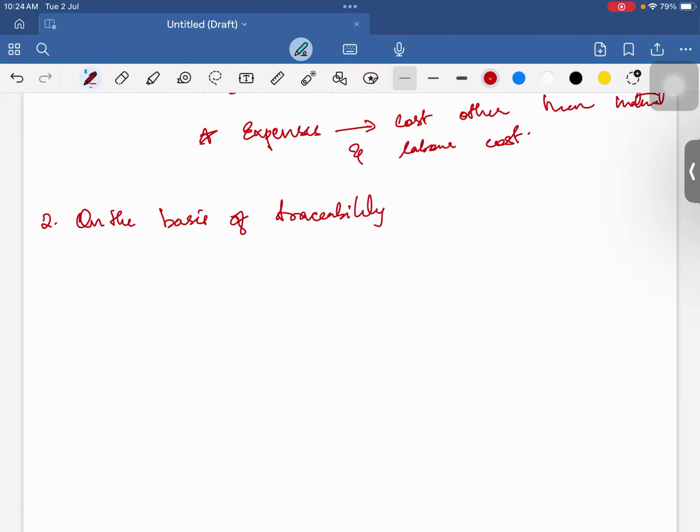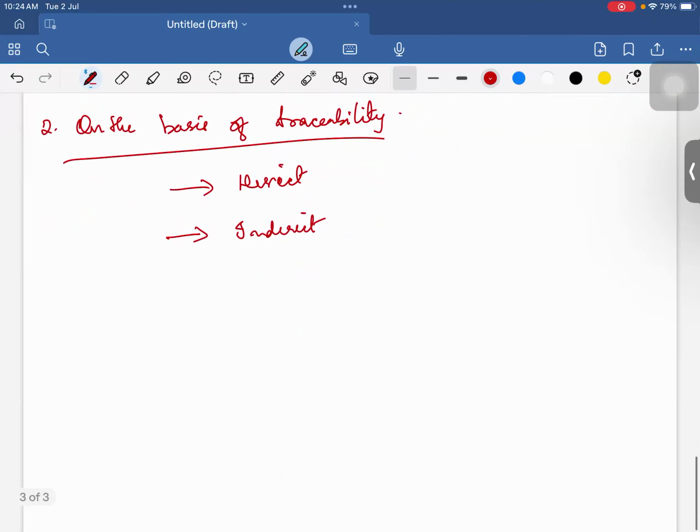So traceability is when you can actually divide the cost into direct and indirect. That is the same thing that we discussed about. The third one is on the basis of behavior.